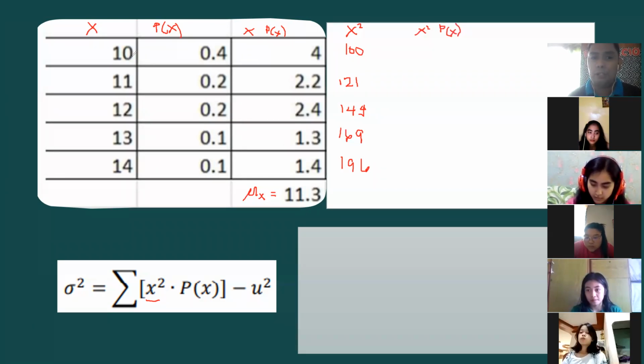Okay po. So katulad ng ginawa natin dito, pinag-multiply natin yung dalawa, but this time around, i-multiply natin siya sa p of x. So that is 100 times 0.4, it's 40. Then we have 121 times 0.2, it's 24.2.